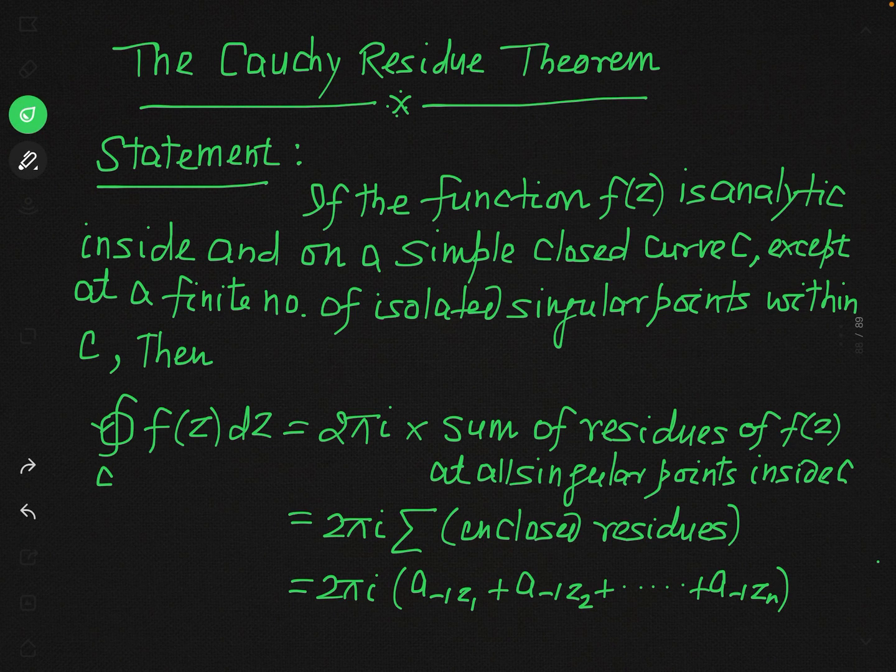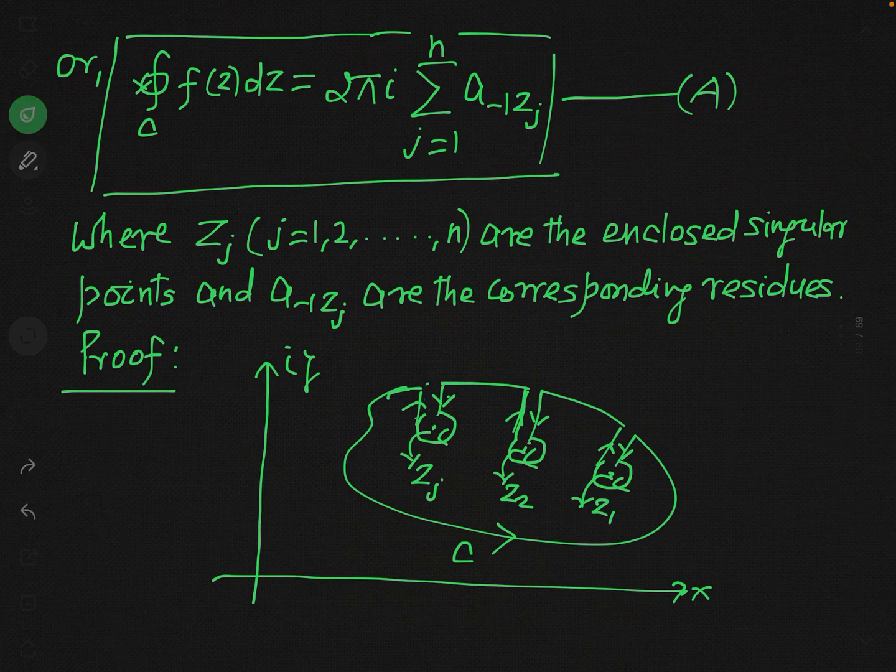Or in compact form, we can write this expression as the integral of f of z along C in anti-clockwise sense equal to 2 pi i summation over j equal to 1 to n of a minus 1 zj.